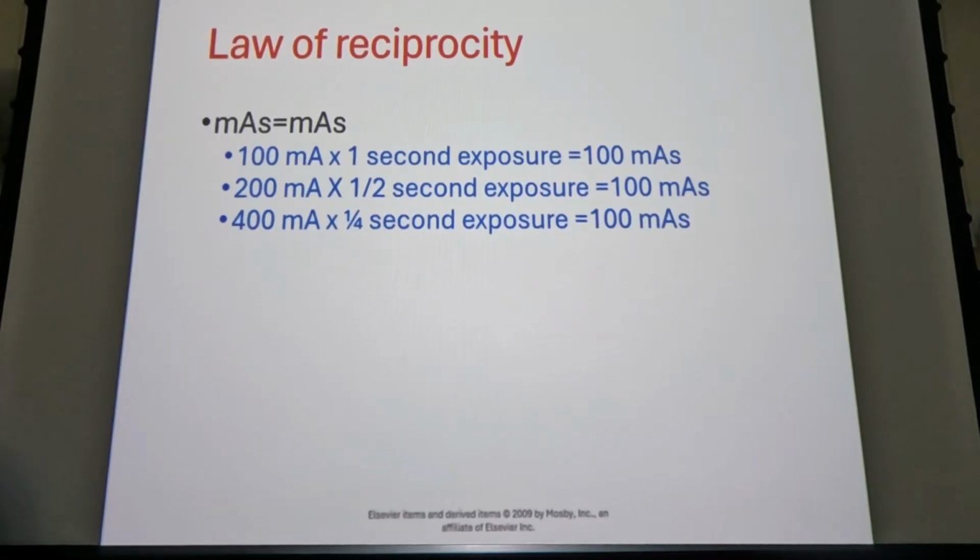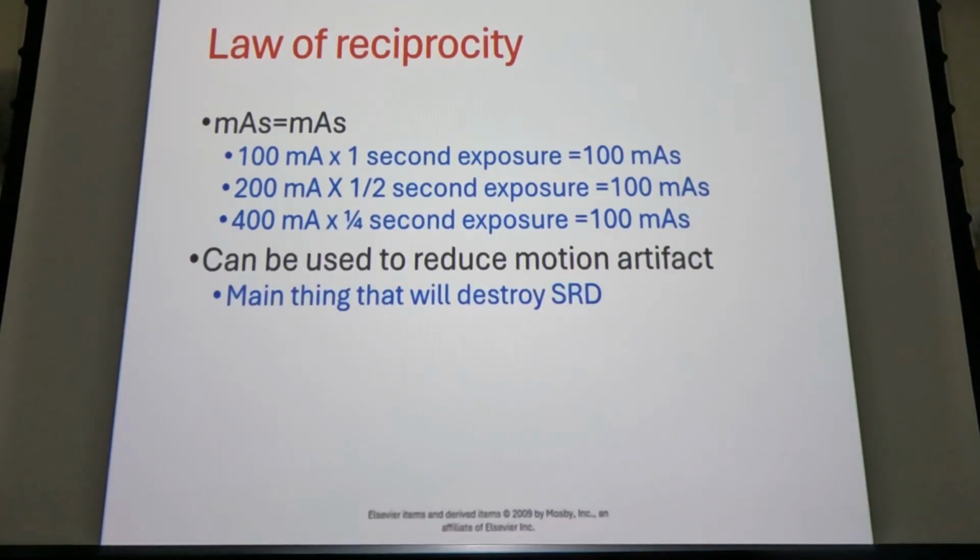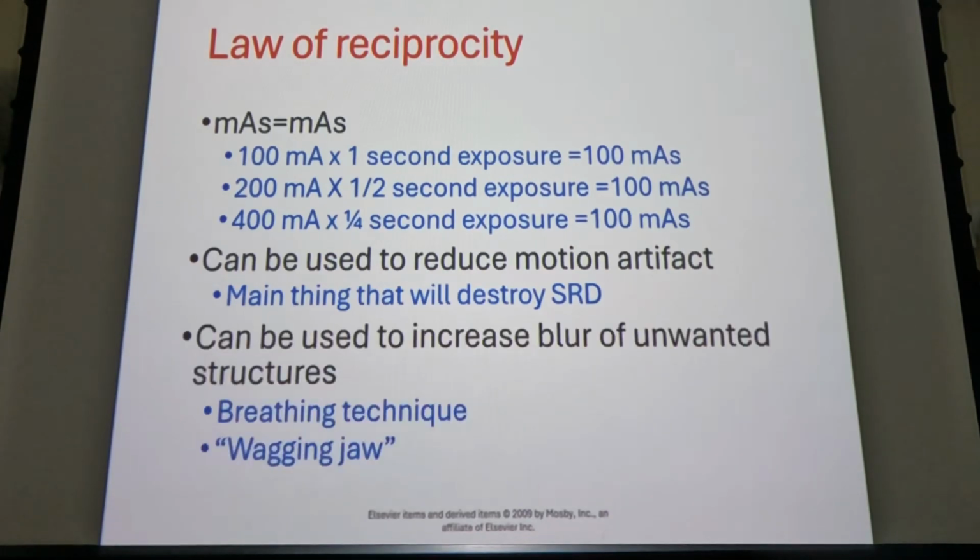You can't speak if you have no breath going in and out of your lungs. It's the thing that you can't control at all. It's completely controlled by the patient, and it is the main thing that will destroy your image. So reciprocity can be used to limit motion artifact. We already talked about that when we talked about the breathing techniques as well.